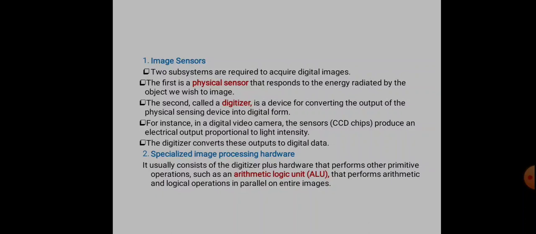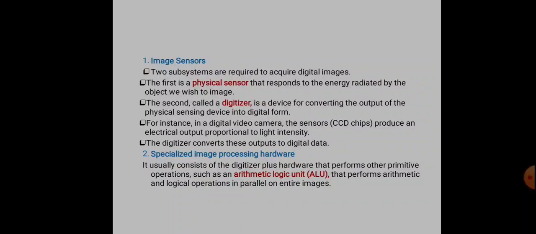The next step is hardware, because now we have acquired the image. After that, you are going to do some hardware processing. It usually consists of the digitizer plus hardware that performs other primitive operations. Apart from the digitizers, some primitive operations are also performed using hardware, such as the arithmetic logic unit, which does multiplication, addition.